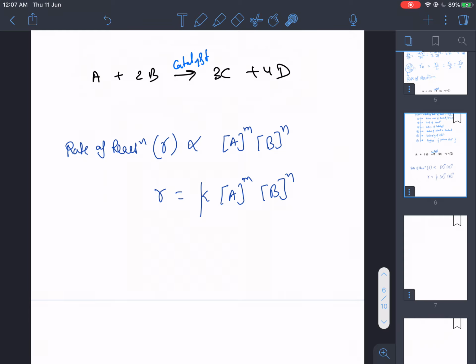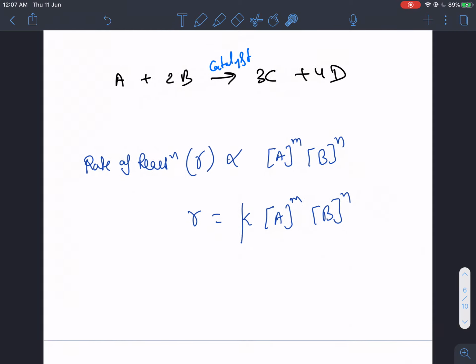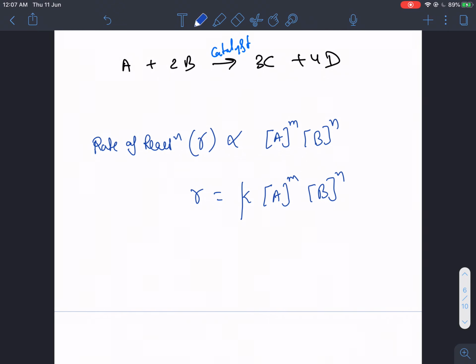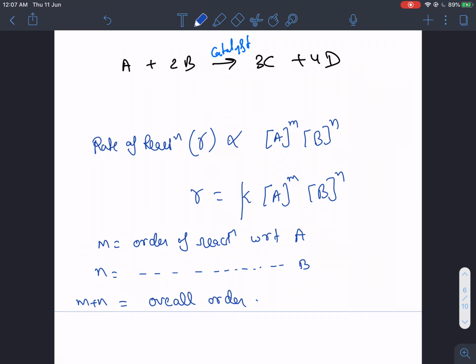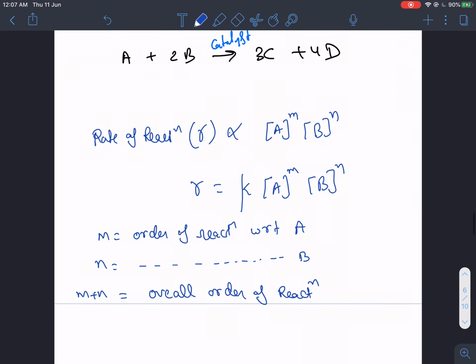Another question is, if m and n are not the stoichiometry, what do we call them? So guys, m is called the order of reaction with respect to reactant A. n is called the order of the reaction with respect to reactant B. And m plus n is said to be the overall order of the reaction.